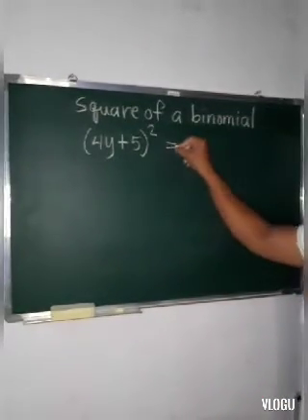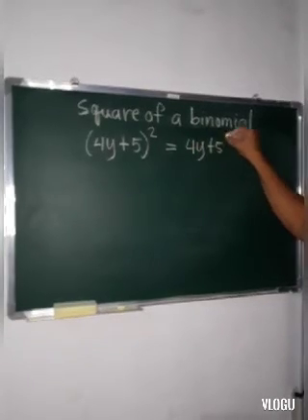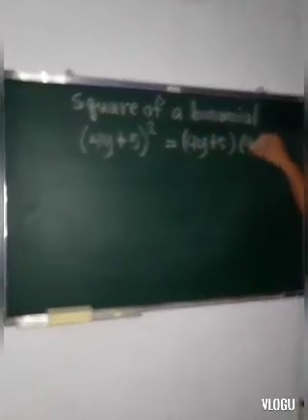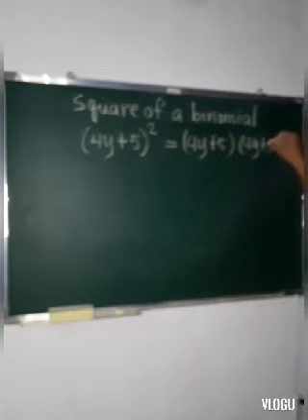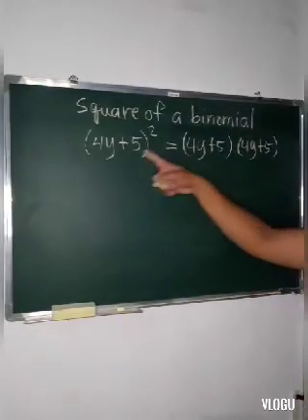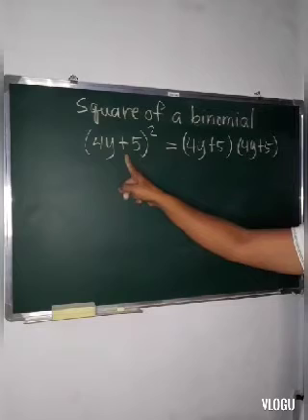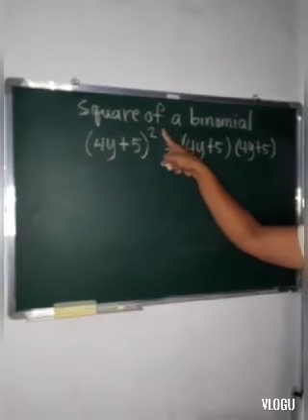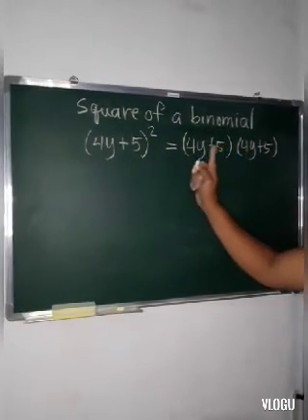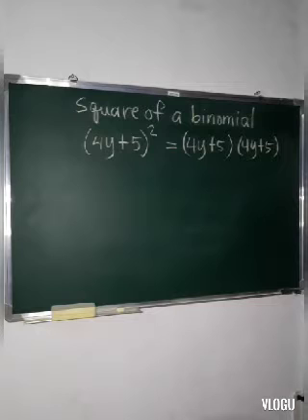We can write this way, or we can also write it as 4y plus 5 times 4y plus 5. So these two are the same. This means you're going to multiply 4y plus 5 twice or by itself. If you write it this way, okay, but if in exponential form, this way.